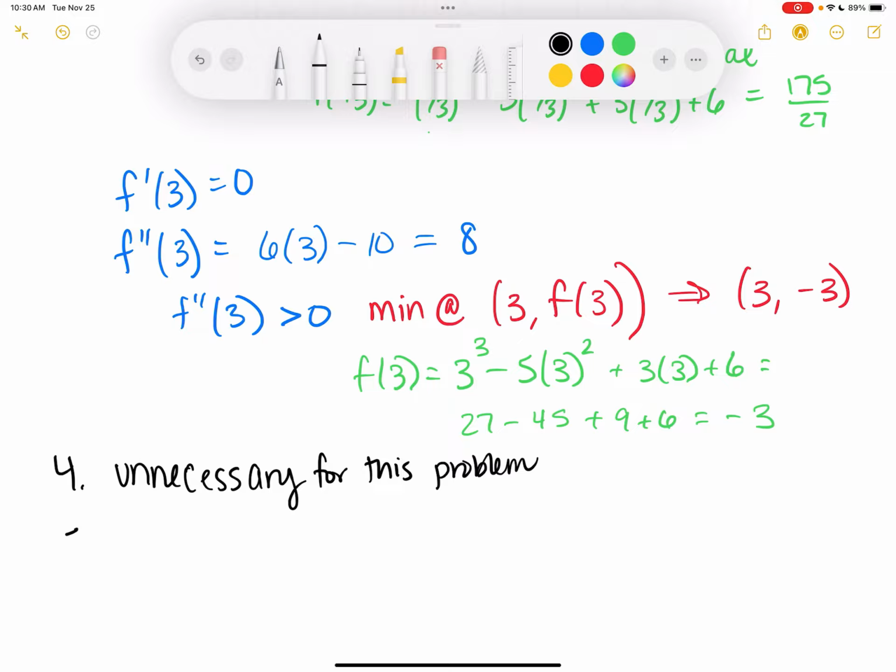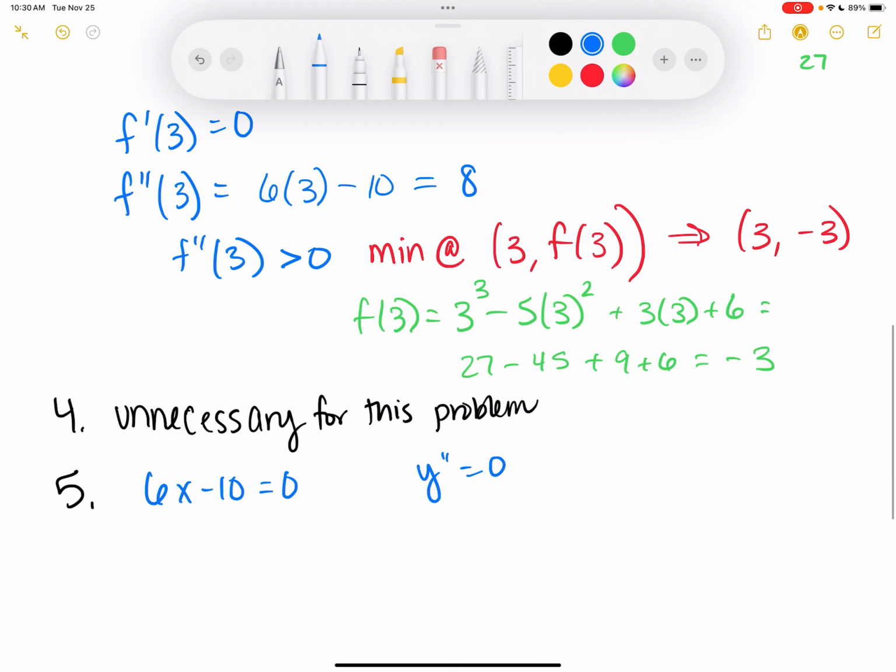So we're taking the second derivative and setting it equal to 0. So that would be 6x minus 10 equals 0. So that would mean x is equal to 10 over 6, or 5/3. So obviously this is bigger than 1, less than 2.